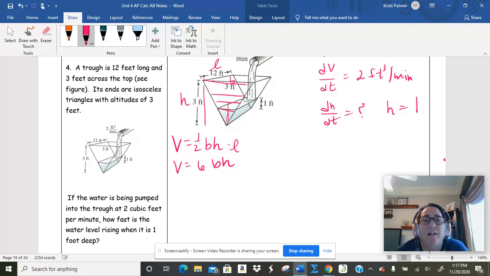But wait, we have some things that aren't very fun. So we still have 1, 2, 3 variables. So I'm going to go ahead again, since I have the triangles going on, and use my similar triangles.